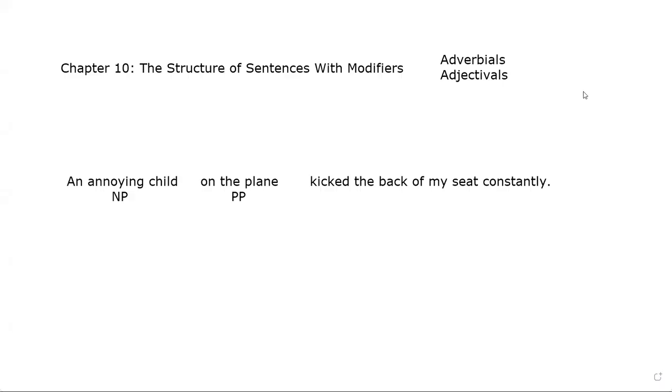Most of you were able to zoom in on that noun child and recognize that the determiner, the adjective, and the noun all come together to form a noun phrase. And then most of you, not all of you, were able to correctly identify on the plane as a prepositional phrase. We have that preposition on, followed by a noun phrase, the plane.